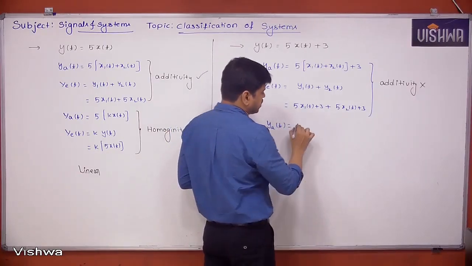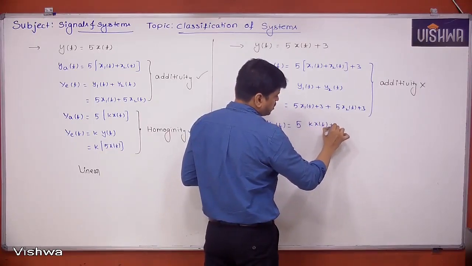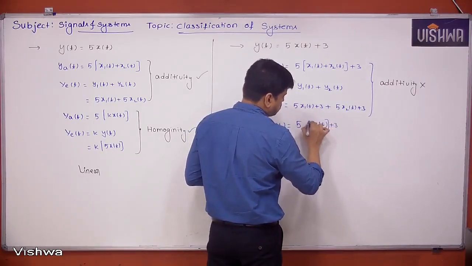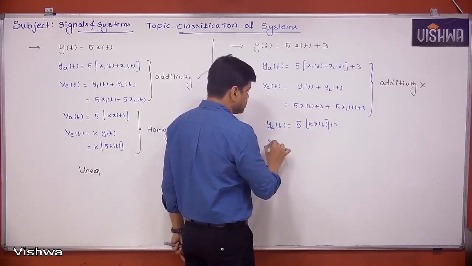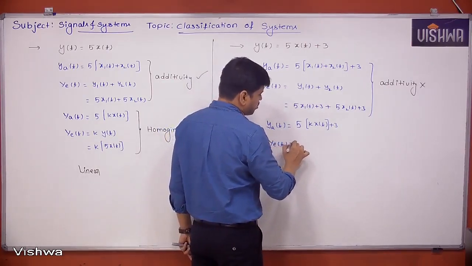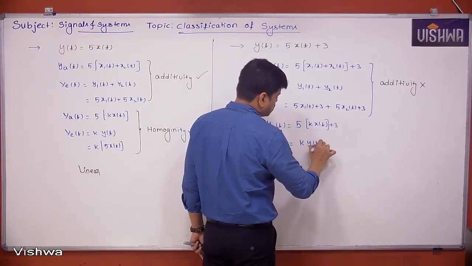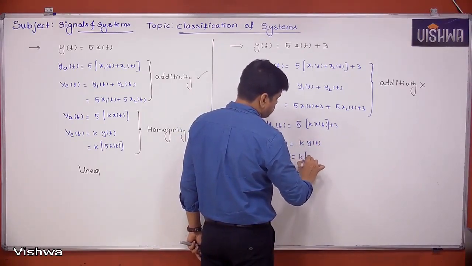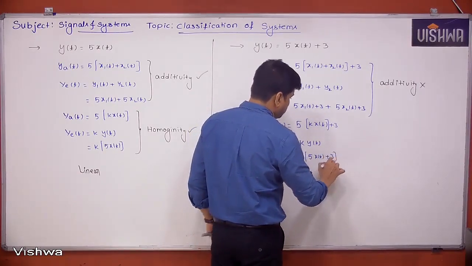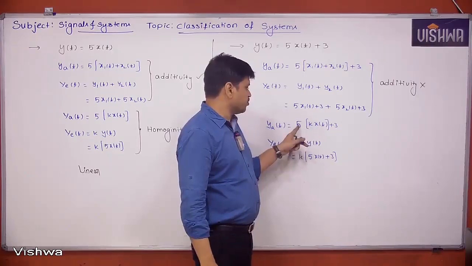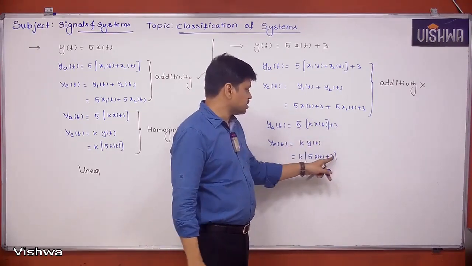Next, if I go with the homogeneity, the actual output is equal to, wherever x is there, that has to be replaced with kx, 5 kx of t plus 3. Now, what is the expected output? If input is multiplied with k, output is also multiplied with k, y of t, which is k into 5x of t plus 3. So here 5k x of t, 5k x of t, but here it is 3, but here it is 3k.